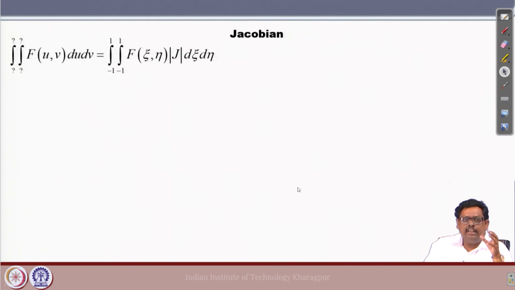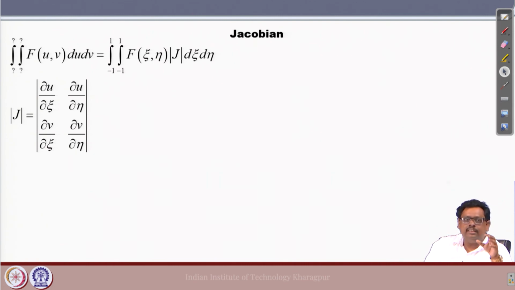As I said, the integration limit is unknown to me for this UV domain. However, in the natural coordinate system it is definitely minus 1 to plus 1, but then it should be multiplied with the area ratio, because the area may or may not be the same, I really do not know.